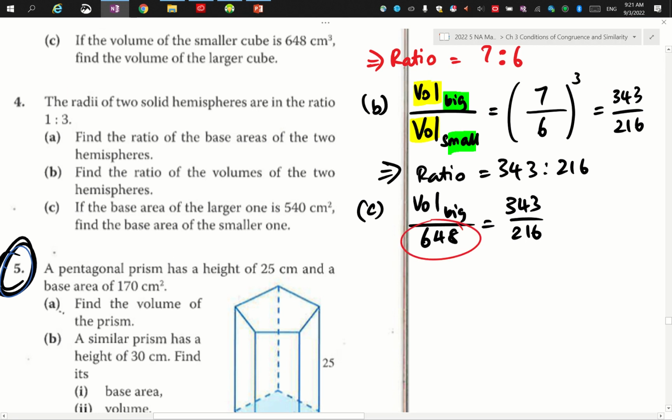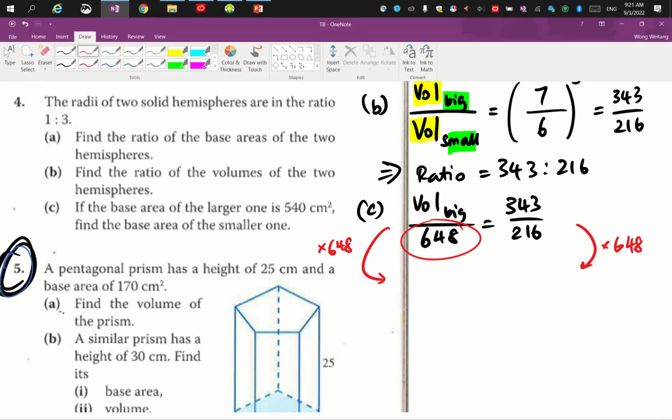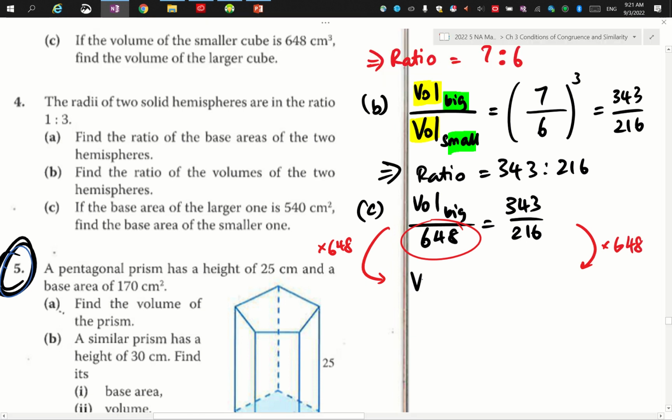This over here, don't want. I only want volume big. So to get rid of a divide by 648, you multiply by 648. On the other side, you also multiply by 648. Resulting in volume big equals to 343 over 216 times 648. So 1029.